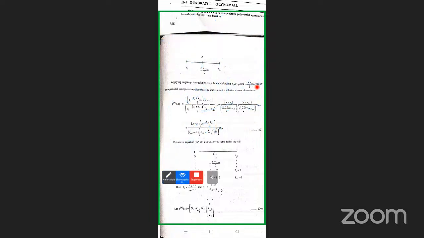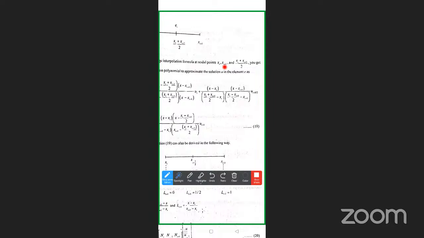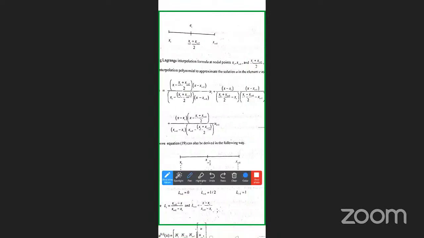Using this Lagrange's interpolation formula, we can apply it to these three variables: xi, xi plus 1 divided by 2, and xi plus 1. Applying the formula, for the first term we leave out the first variable, xi. For the remaining two, it is x minus the midpoint into x minus xi plus 1, and in the numerator we substitute x equals xi, and write the same in the denominator.